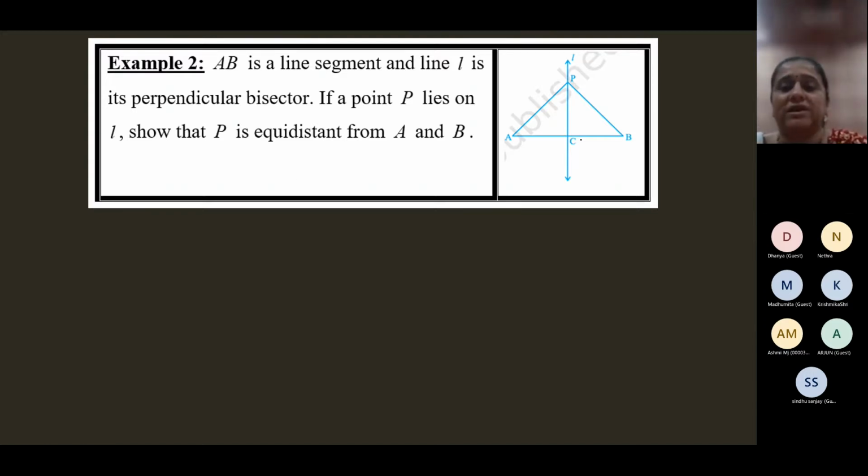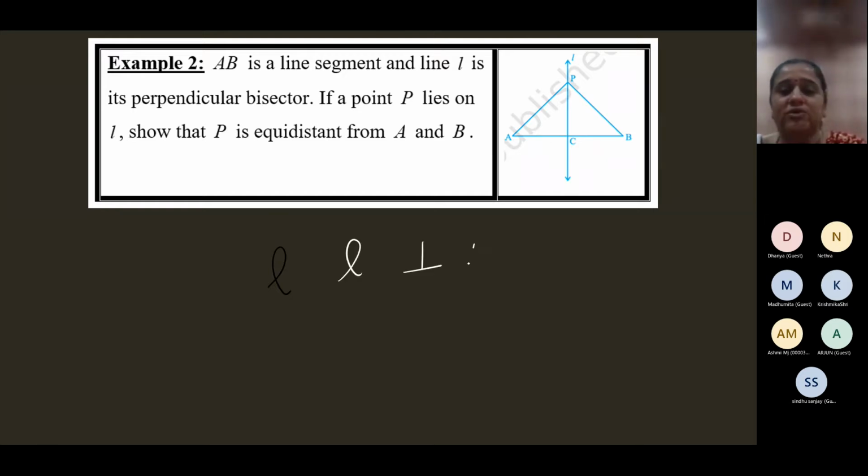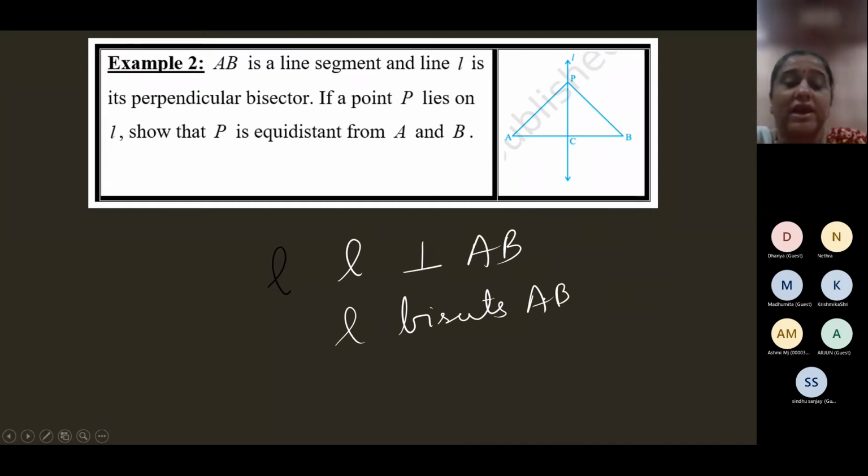So AB is a line segment and L is its perpendicular bisector. L is perpendicular to AB and L bisects AB. These are two different things. L is perpendicular to AB, meaning 90 degrees.